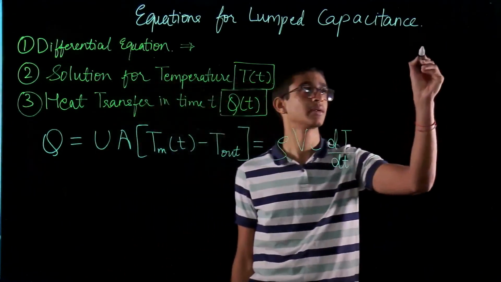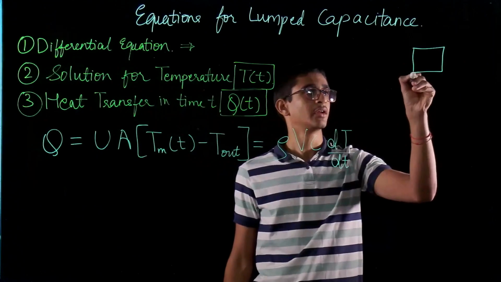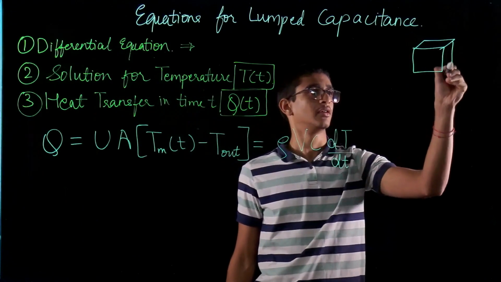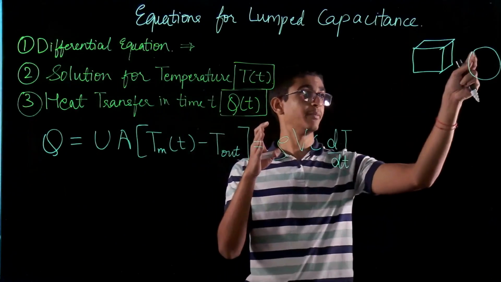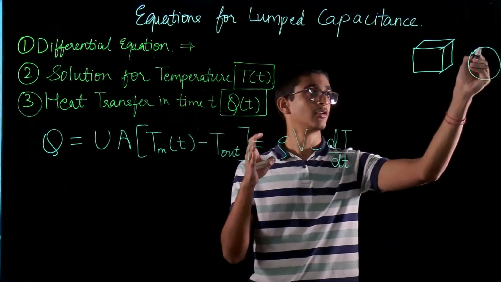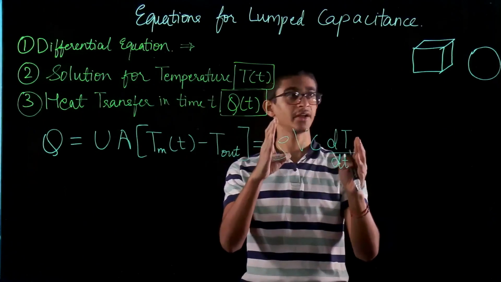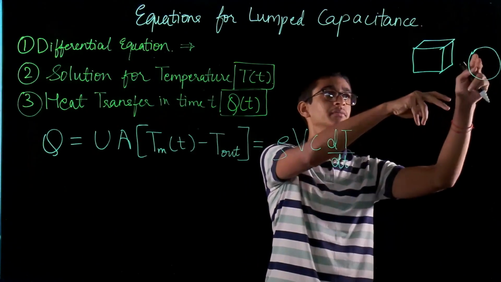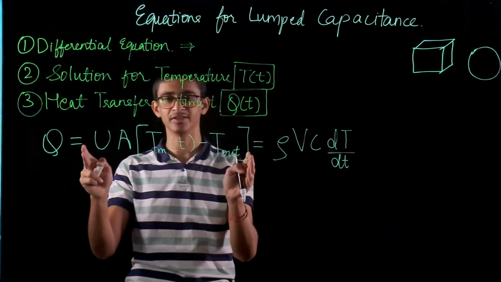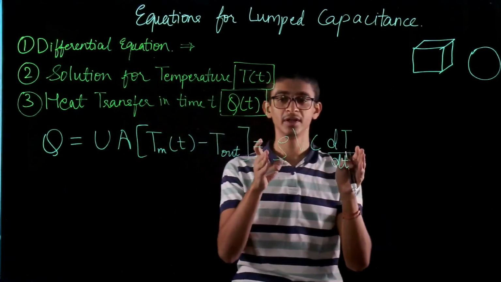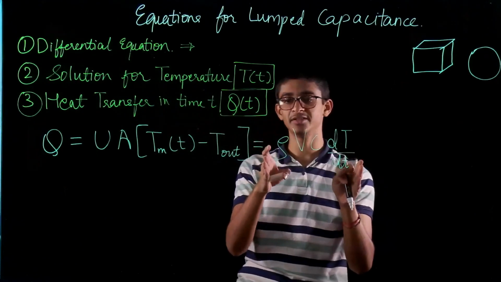If we have a mass or any body, the change of energy of the body is given by this factor, and the same change of energy is happening because of the heat transfer from the surface, and the amount of heat transfer is given by this. So the amount of heat transfer should be equal to the amount of energy change in the body.